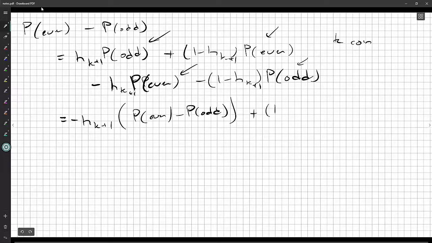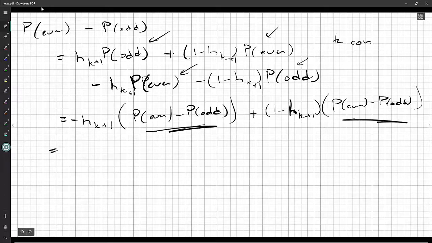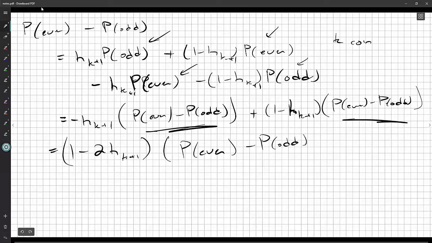And then plus 1 minus HK plus 1, P even minus P odd. Okay. Now I can factor this out, and we'll be left with 1 minus 2 HK plus 1. And then we've got the smaller case, the case just for K coins, not K plus 1 coins.